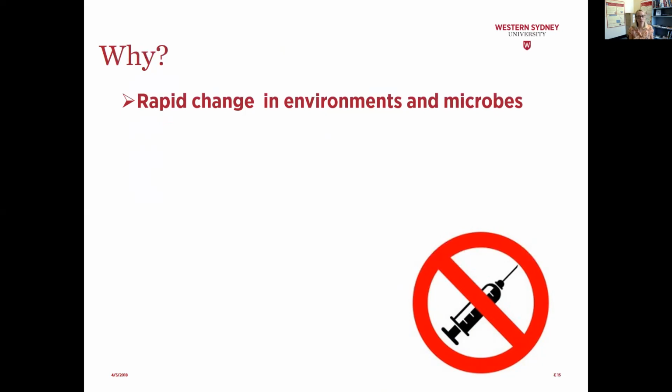And a rapid change not only in environment, from a climate change perspective, and a change in environments from political change and changing borders, and the movement of people, which we'll come back to in a moment, but also a rapid change in microbes. These microbes and pathogens are developing, getting smarter, more resilient and more resistant, and continually changing, and we aren't keeping up.